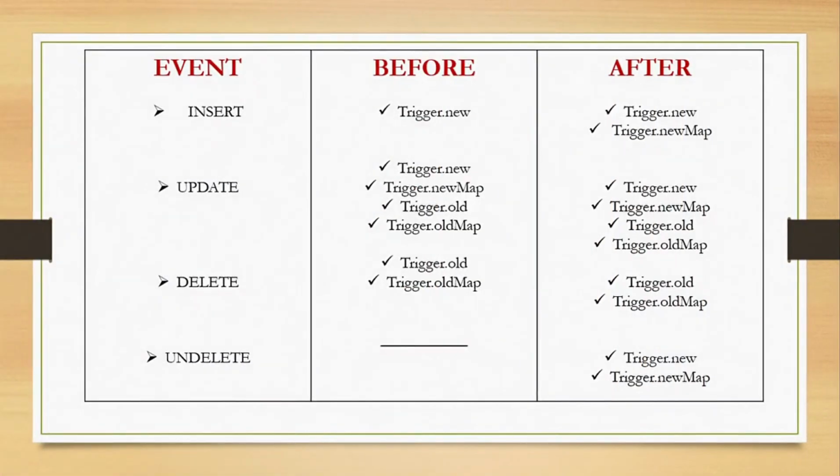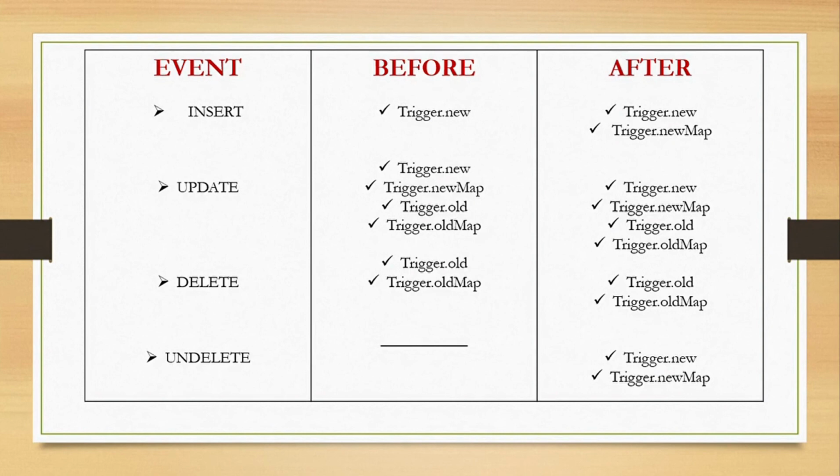Now the difference between the before and after events. The events are insert, update, delete and undelete. In the insert event, before can use Trigger.new, and after can use Trigger.new and Trigger.newMap. In the update event, before can use Trigger.new, Trigger.newMap, Trigger.old and Trigger.oldMap, and after can use the same.